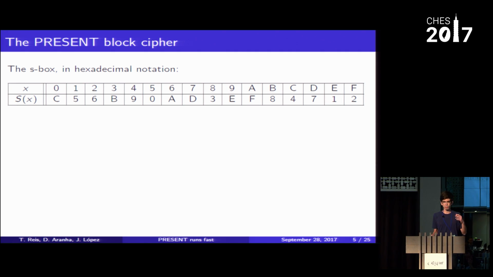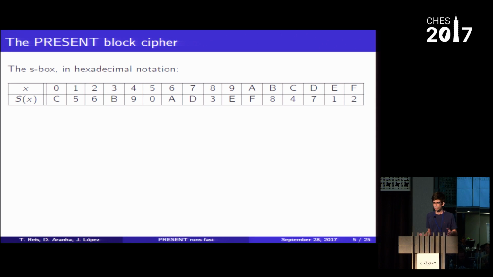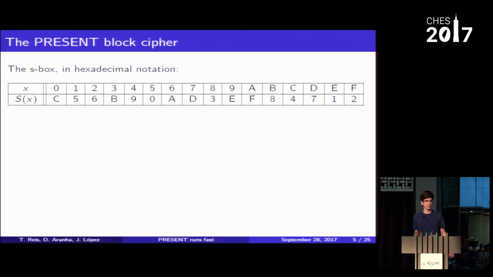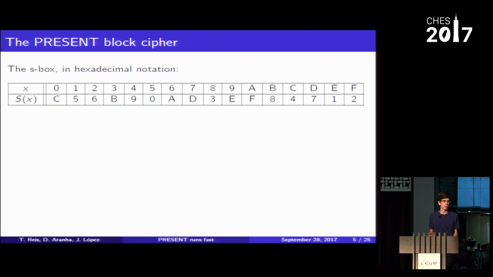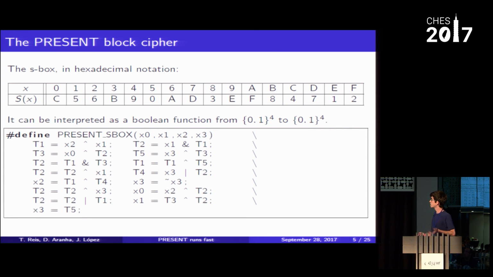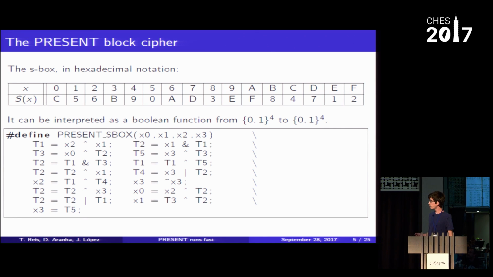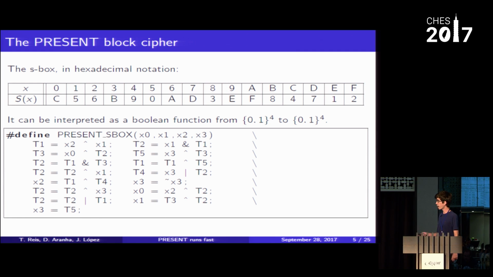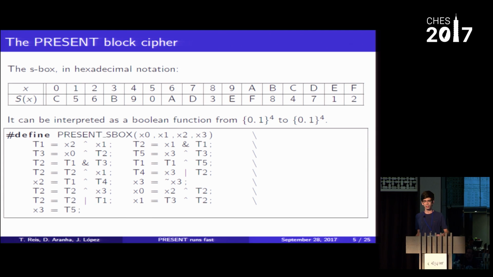In principle, it's pretty safe to assume that it can be implemented as a lookup table without incurring the danger of suffering a cache timing attack, because it's such a small table. But of course, it can be implemented as a set of Boolean formulas to simulate this S-box. And actually, we will use these formulas in our work.